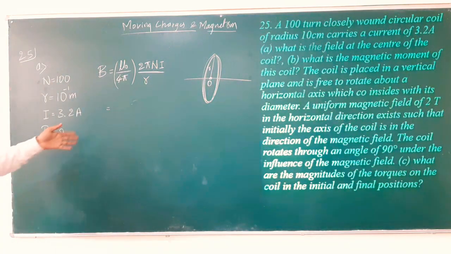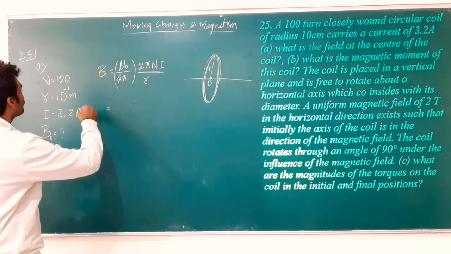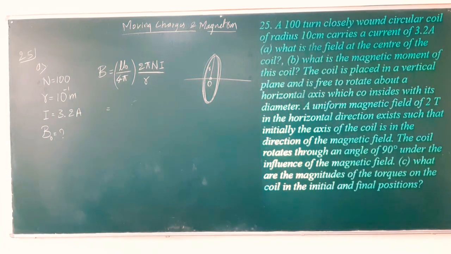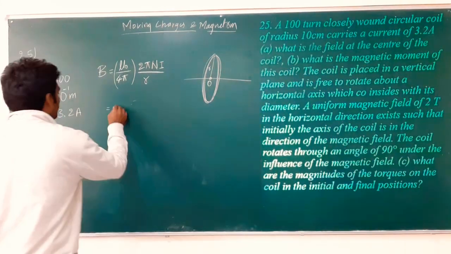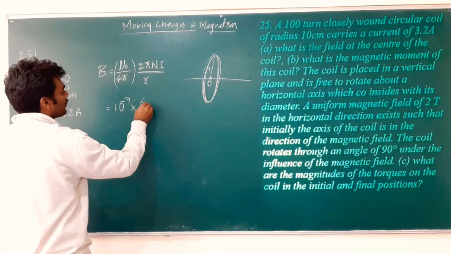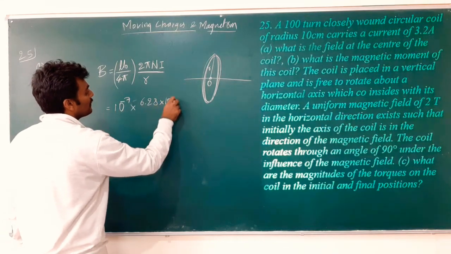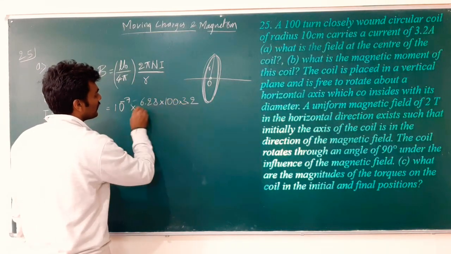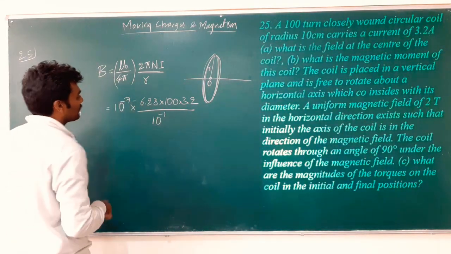So, here are the given data, simplify them here to get the magnetic field. Mu naught by 4 pi is 10 to the power of minus 7, into 2 pi, 6.28, into number of turns, 100, into current through each turn, 3.2 ampere, divided by radius of the coil, 10 to the power of minus 1.